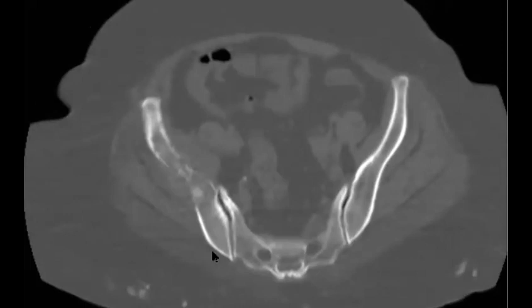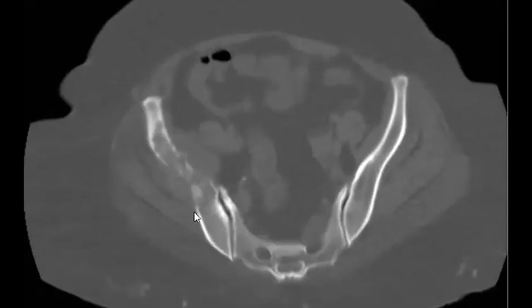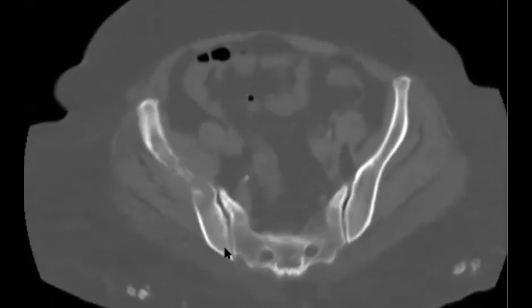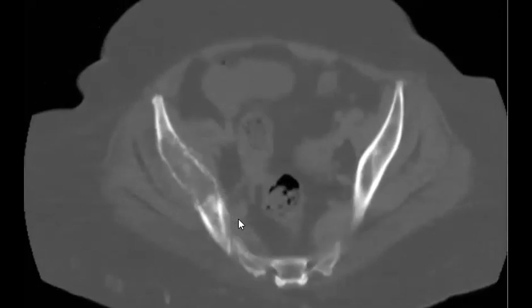She is a female, about 45 or 50 years old. Narrow zone of transition, do you agree with this? I don't think so, no. I think it's wide, because in many regions you cannot define the zone of transition, so this description is aggressive. So you describe it as an aggressive lesion.